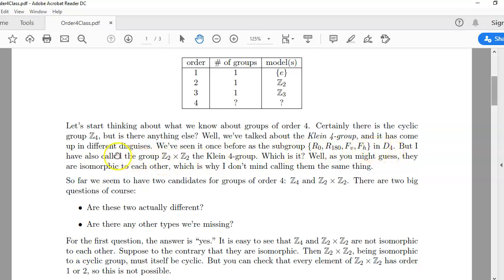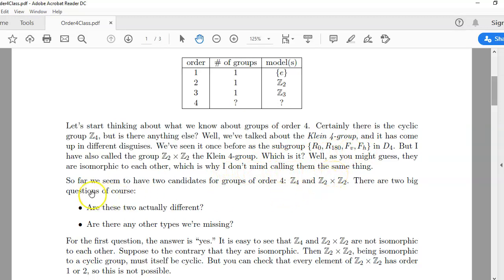But I have also talked in class about the group Z2 cross Z2, and I've called it the Klein 4 group too. I've called these two different groups the same thing for some reason. Well, as you might guess, they are isomorphic to each other. Z2 cross Z2 is isomorphic to this subgroup of D4, and so that's why I don't mind calling them the same thing, because they are algebraically the same anyway.